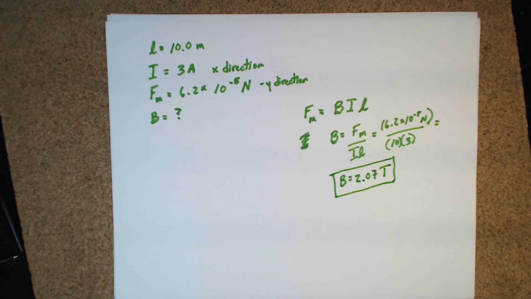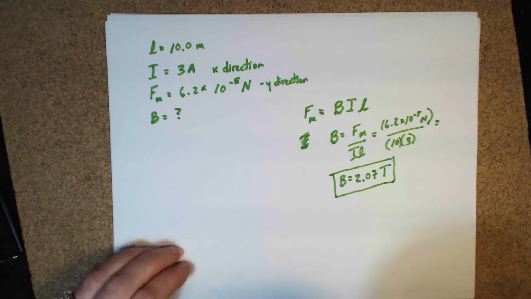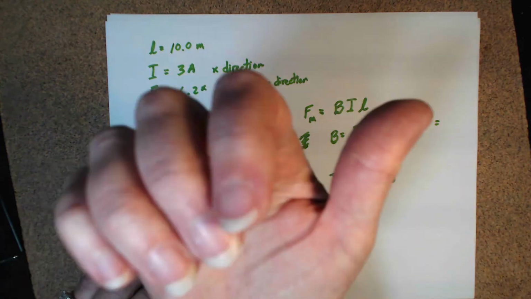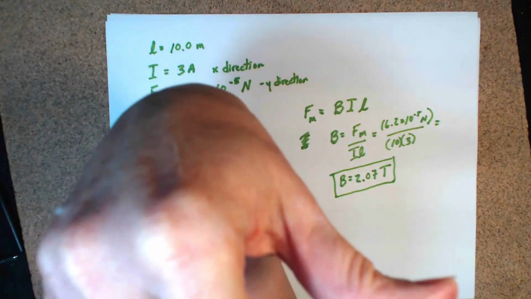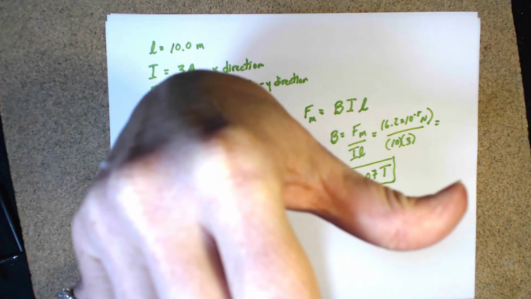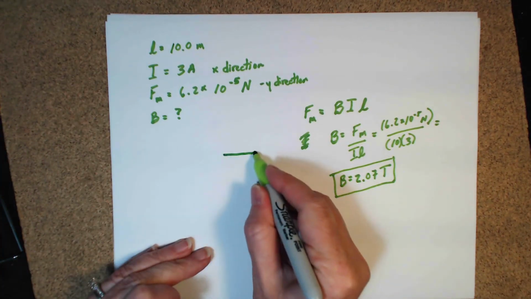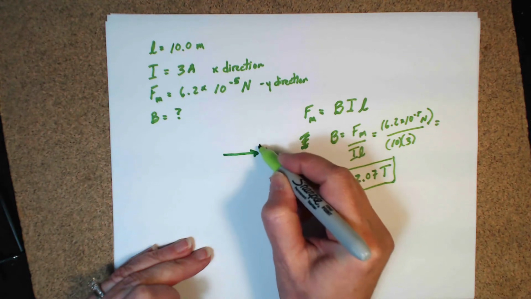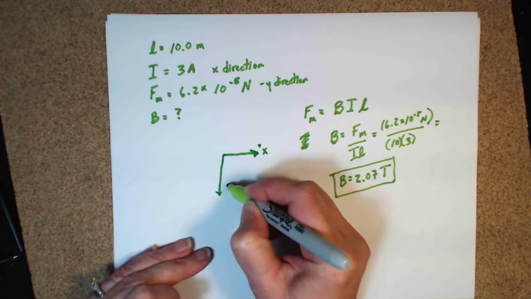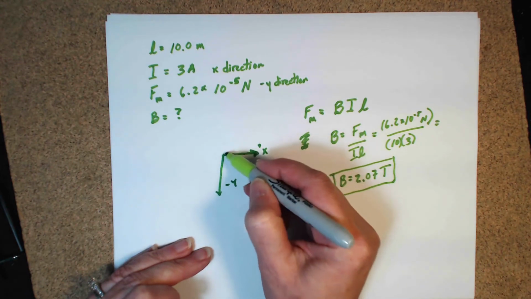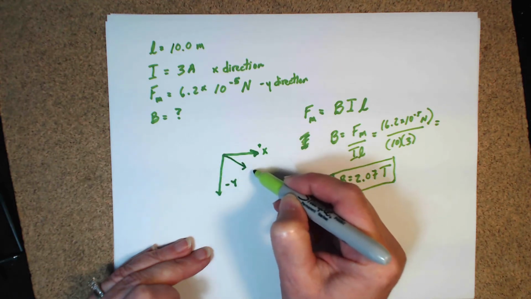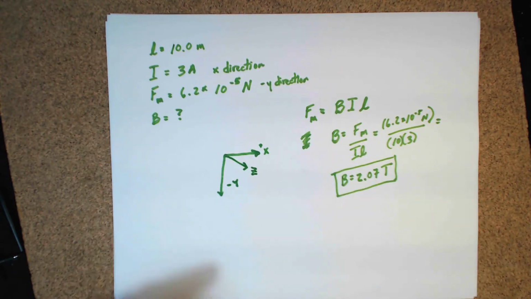But what about the direction? We have to use the right-hand rule in order to solve for direction. The thumb points in the direction of the current, and the palm of the hand is in the negative Y direction. So you kind of have to turn your hand in a funny way to get that to happen. And then when you do that, you'll see that B is sticking out towards us, and that is in the Z direction. Each of these are perpendicular to each other.